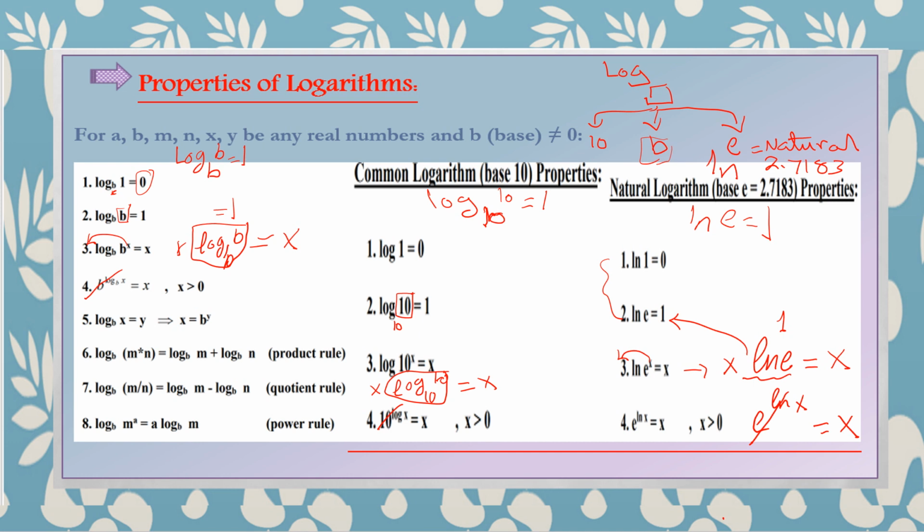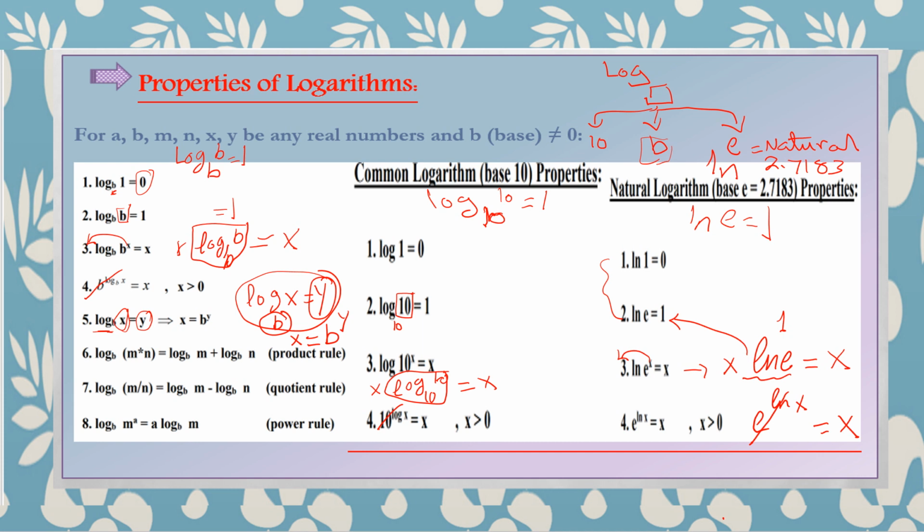Property number 5: when log base b of x equals y, this means that x, the number, equals b, the base of the logarithm, to the power y. So when we say log base b of x equals y, we can transform this shape into x equals b to the power y, the base of the logarithm raised to the other side of the equation.